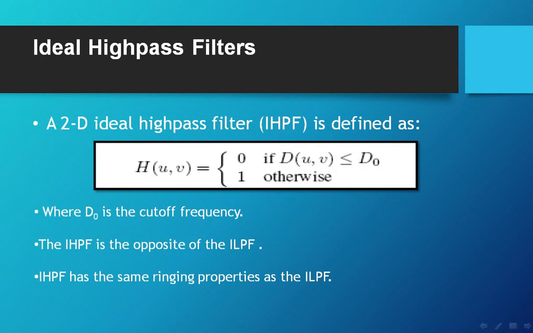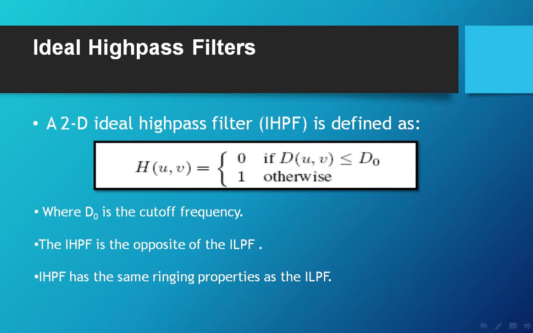Ideal high pass filters. A 2D ideal high pass filter is defined as H(u,v) equal to 0 if D(u,v) is less than D0, and 1 otherwise. D0 is the cutoff frequency. The ideal high pass filter is the opposite of the ideal low pass filter.